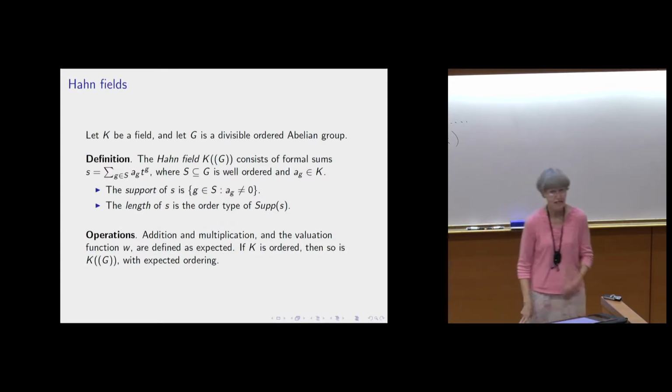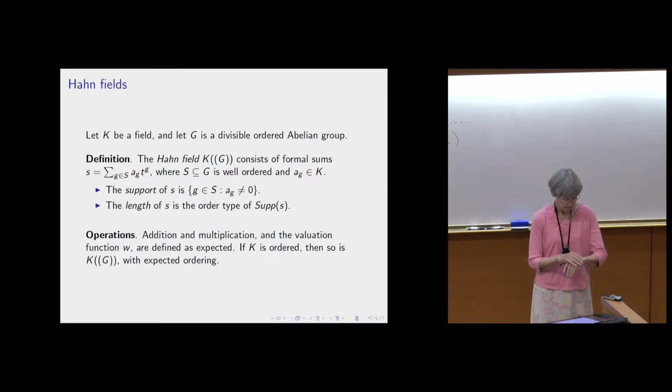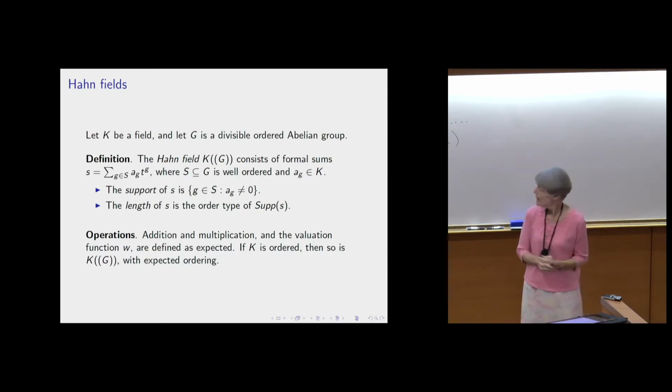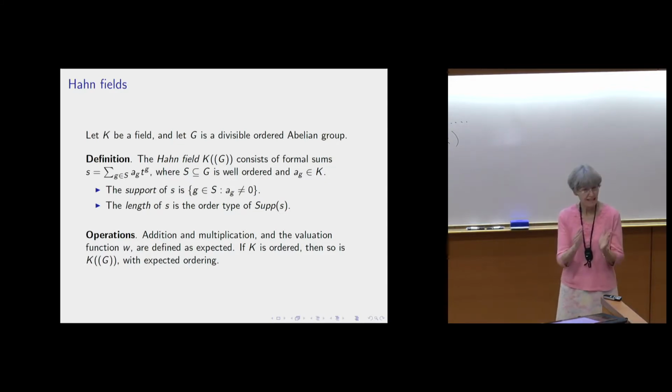So let me turn to Hahn fields. Let K be a field, and let G be a divisible ordered abelian group. Then the Hahn field consists of formal sums, and they look like the elements of the Puiseux series, except that now in T to the G, G is not a rational, it's an element of this arbitrary divisible ordered abelian group.